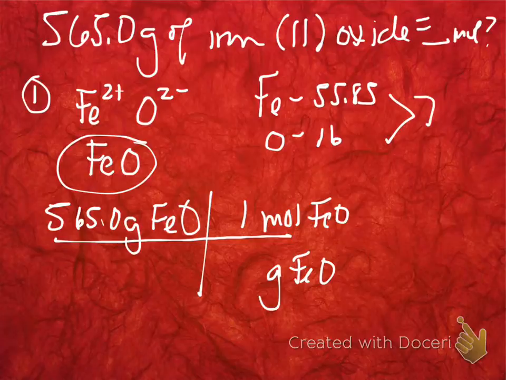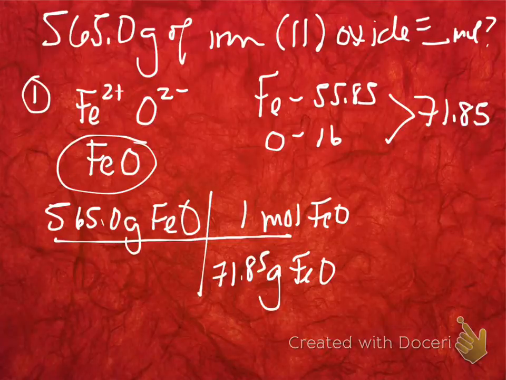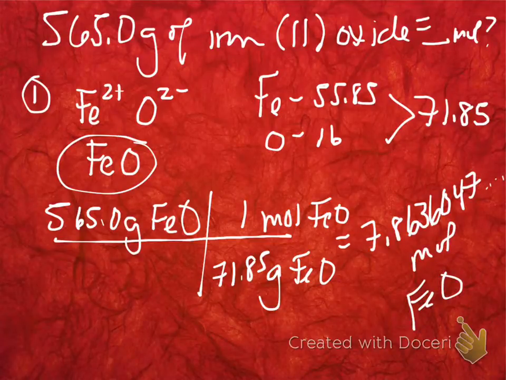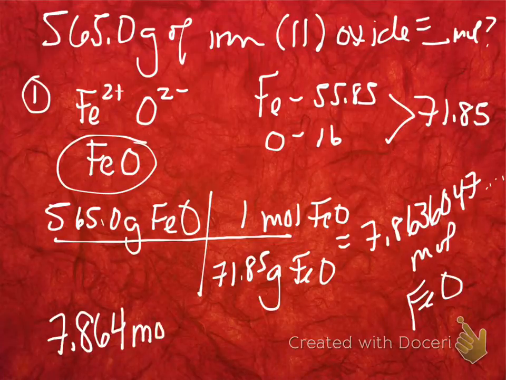So we get 71.85. 71.85. When we divide it, we get 7.863647, etc. moles of FeO. And we have 4 sig figs to work with. So this is going to be 7.864 moles of FeO.